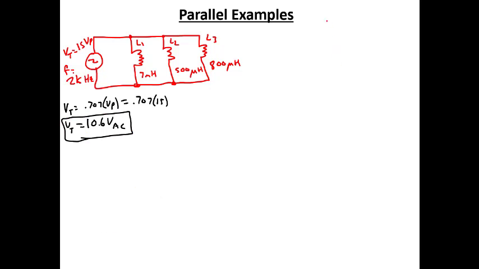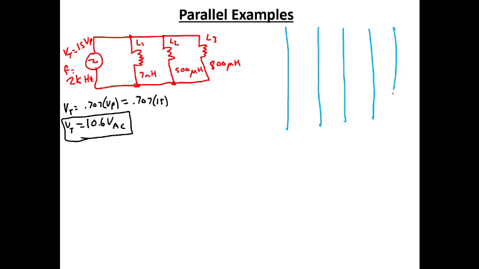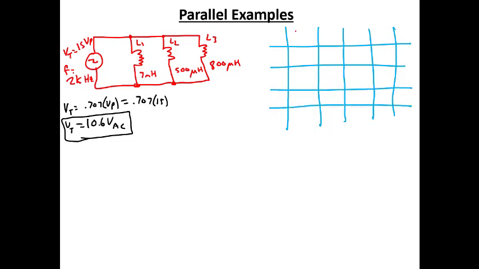All right, so the first thing I'm going to do here is make a table again, just like I did last time. So I have voltage, current, inductance, inductive reactance, and power. Let's go through and write in the things that we know. So this would be L1, L2, L3, total.